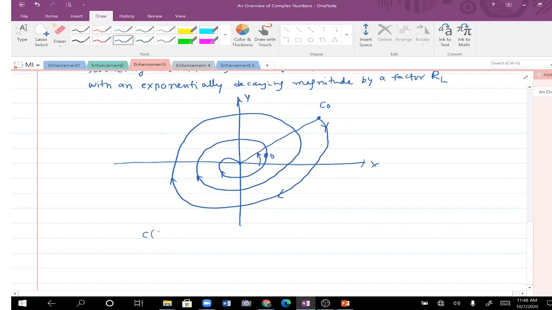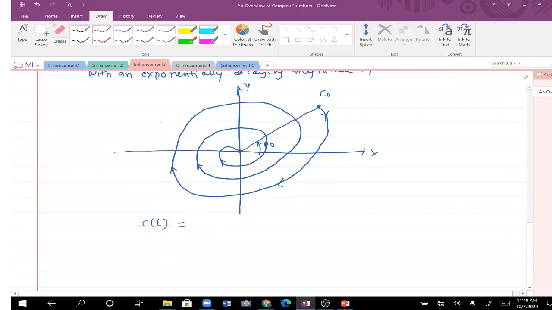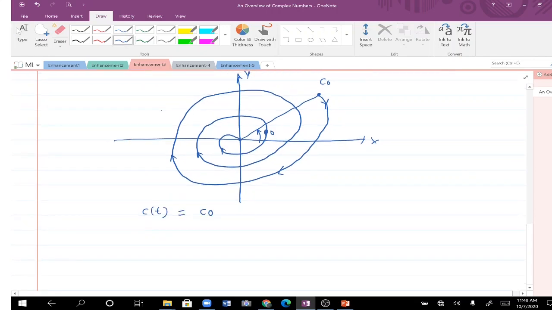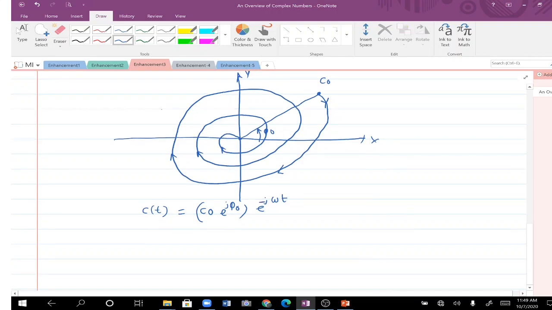Let's call this C of t. Initially it has a magnitude of C naught and phase phi naught, so e power j phi naught. It is rotating, and since it is rotating in the clockwise direction, it should be e power minus j omega t.